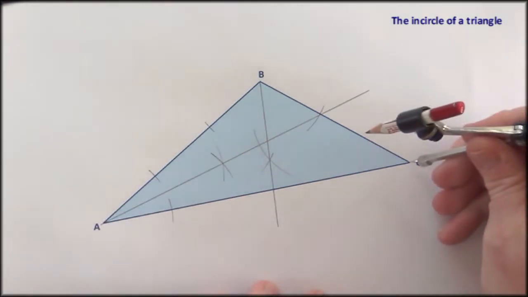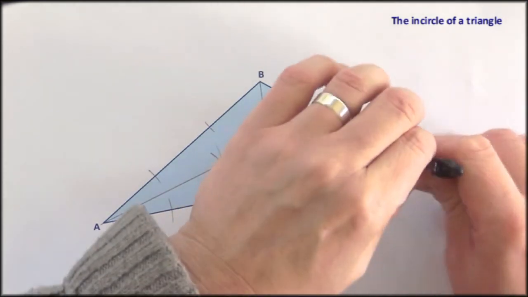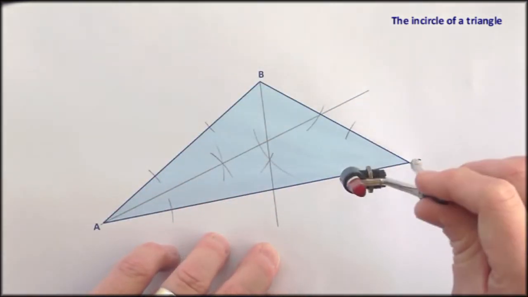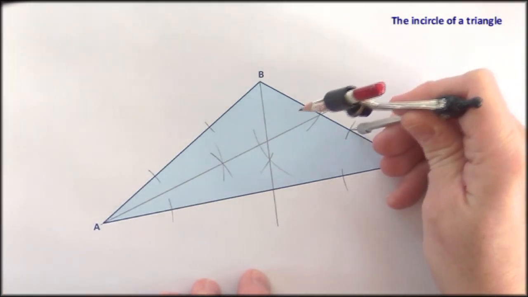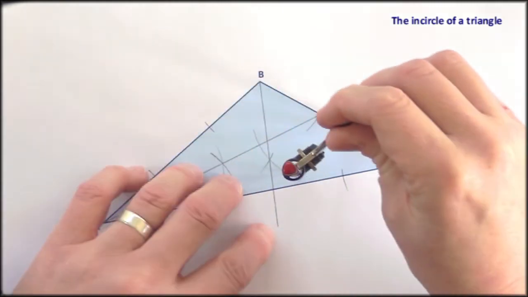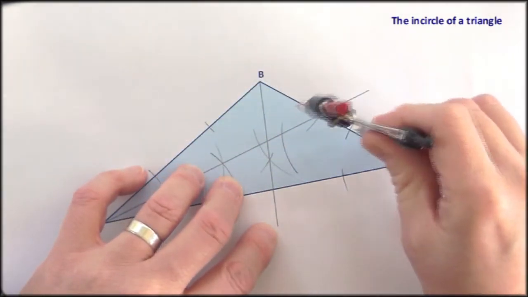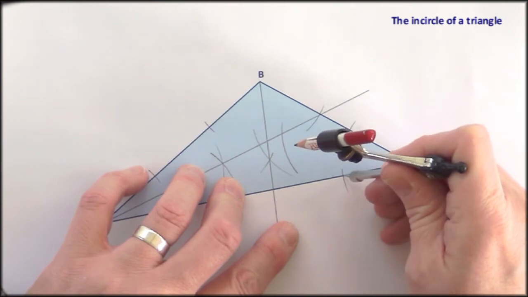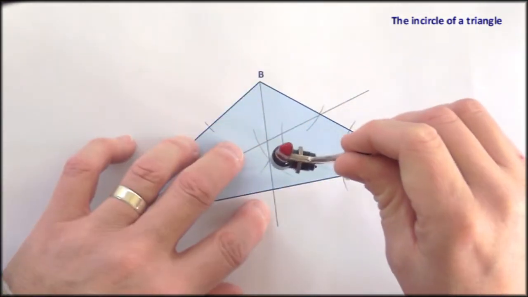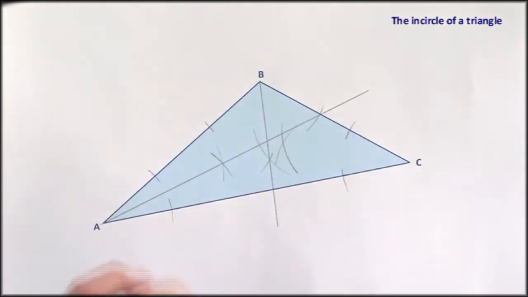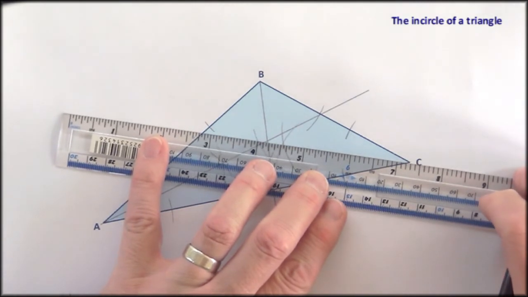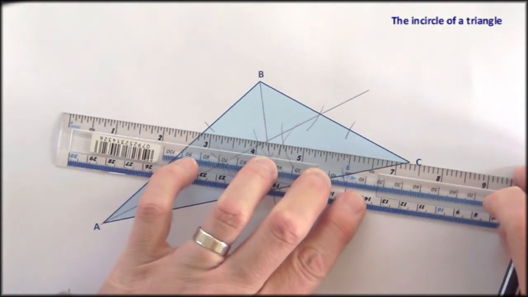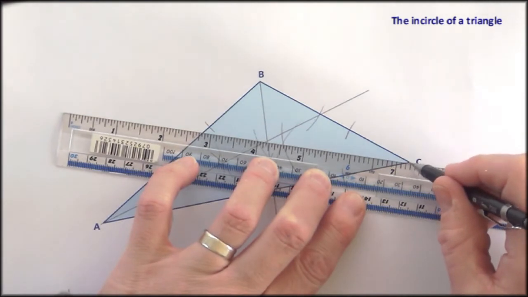And now we'll do the same thing with C. So point on C, arc on the two arms BC and AC, then move to these points and draw one arc, two arcs, and that should be the bisector for angle C. And if I've done this right, it ought to go through that intersection point, because these angle bisectors are concurrent.